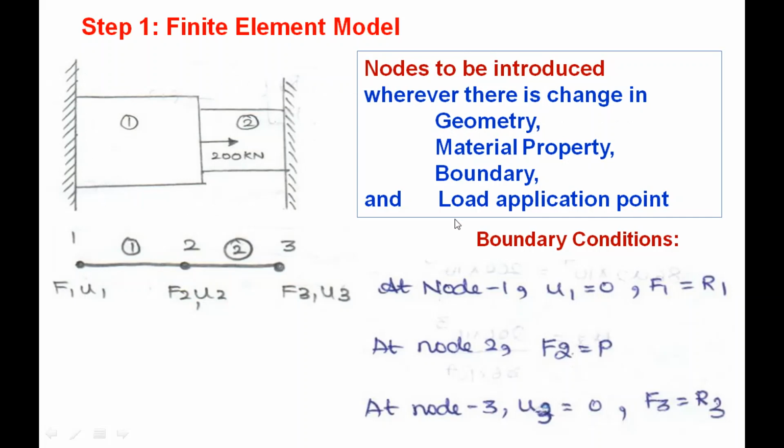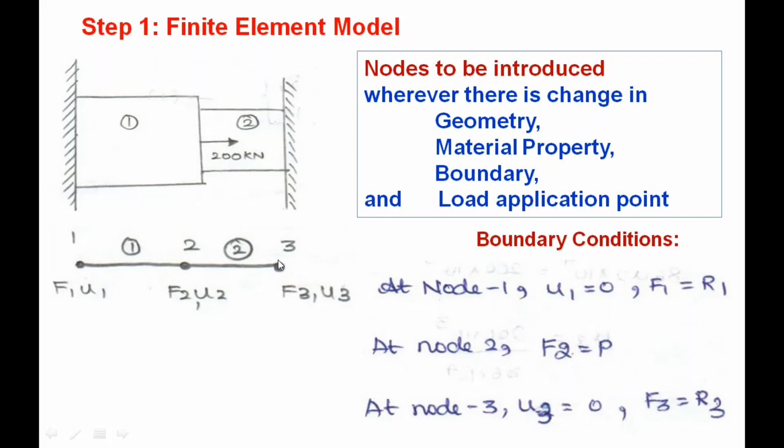Once again I will repeat: wherever there is a change in geometry, material property, and the boundary, we have to introduce a node. And also wherever there is a load acting on the structure, that also we have to introduce a node point. So now for this stepped bar problem, we are able to solve it by using two elements alone, right? So it is called a two-element model.